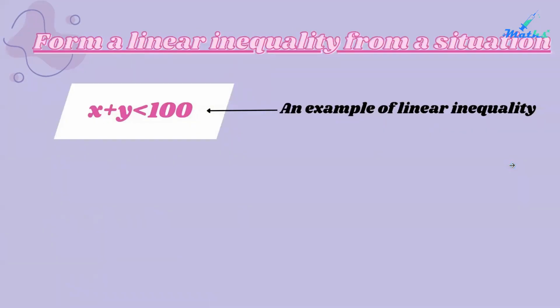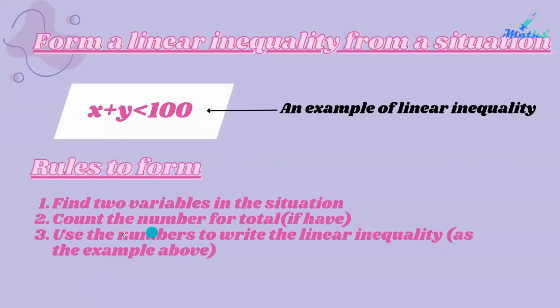So now we are going to learn about how to form a linear inequality from a situation. This is an example of a linear inequality. Next are the rules to form a linear inequality.